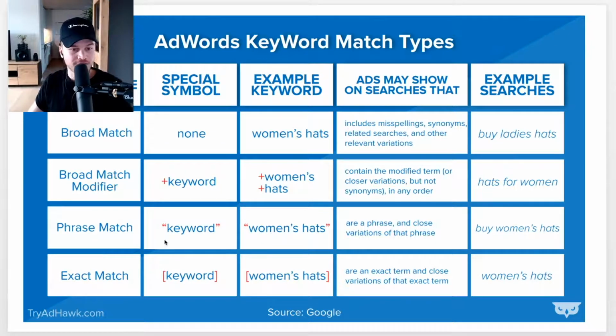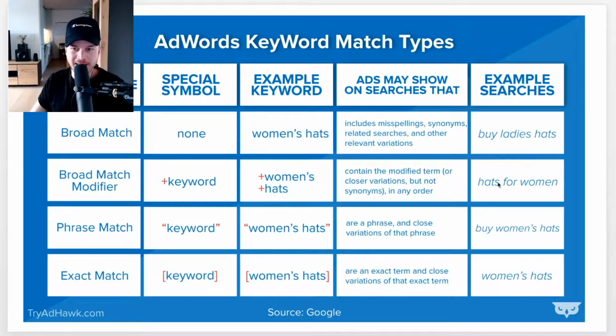And then there is the phrase match. When you put in these quotation marks around your keyword, then the keyword has to be part of the phrase that people type in the search bar. So when people type in buy women's hats, then my ad will also show up. And then we have the broad match modifier, the modified broad match. You can put a plus in front of your keywords, which means that each keyword that has a plus in front of it has to be in the search bar of what people type in.